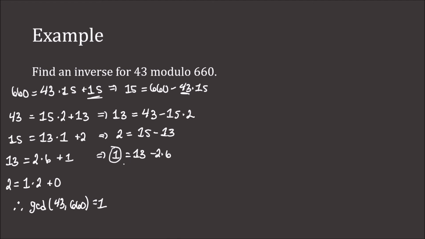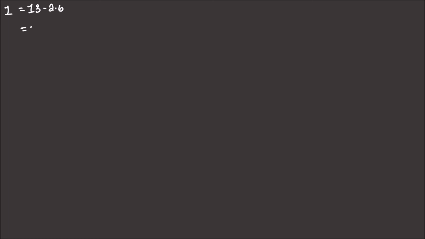We write 2 as 15 minus 13. So this is 13 minus 15 minus 13 times 6. This simplifies to negative 6 times 15, positive 6 times 13 because it's negative, plus 13. So that's 7 times 13 minus 6 times 15.